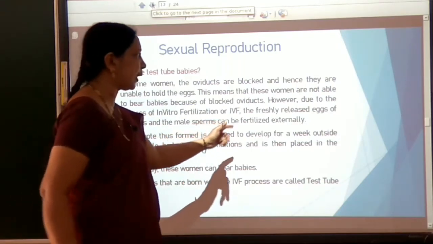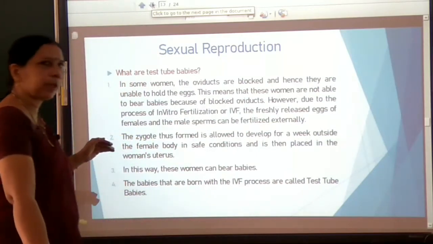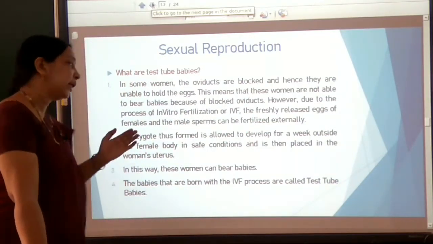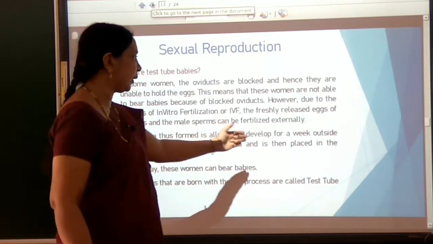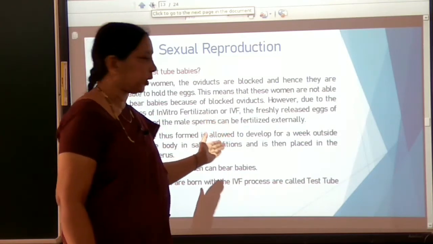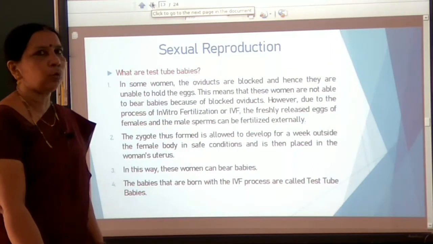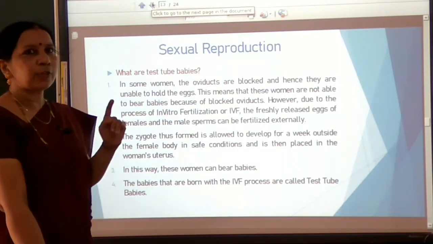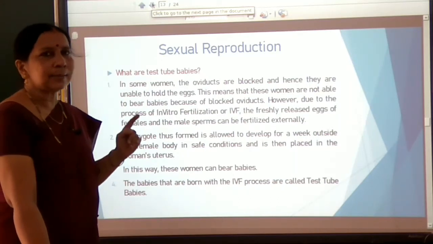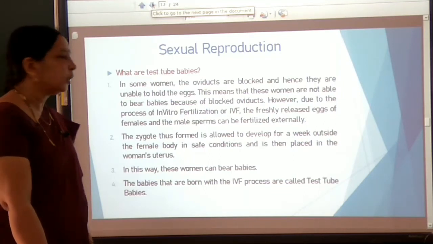The zygote thus formed is allowed to develop for a week outside the female body. Later, in safe conditions, after 1 week outside the body, it is placed in the mother's uterus or woman's uterus.